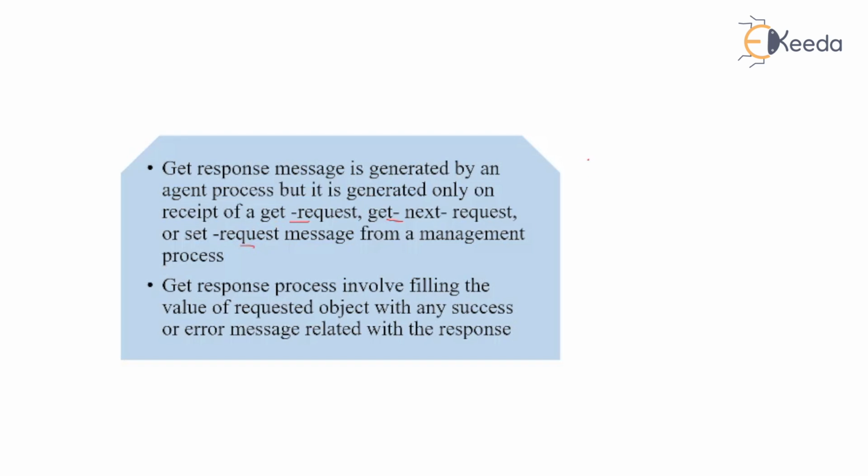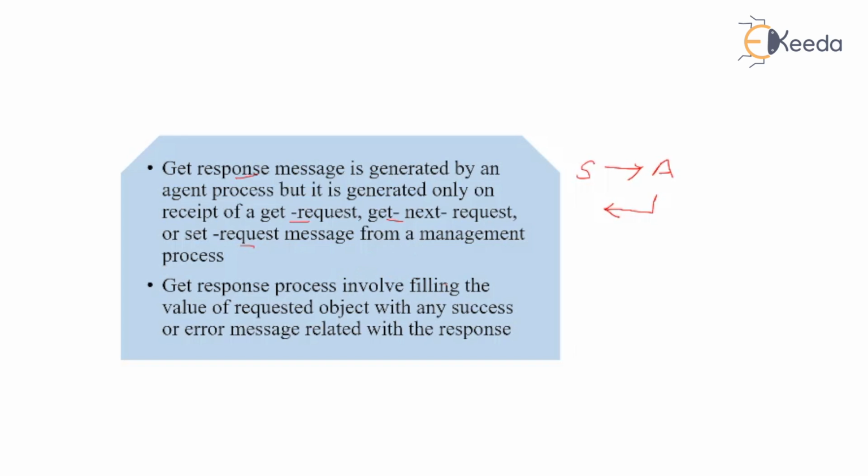That means whenever the manager sends some request to the agent, only then will the agent respond. Otherwise, the get response will not be generated. So the manager must start the communication with any one of these 3 messages, and then the agent will try to respond.